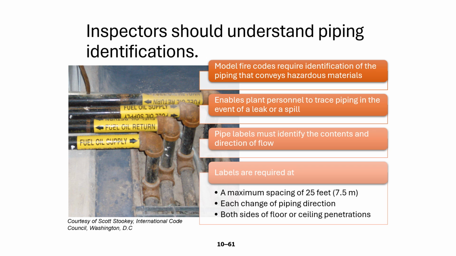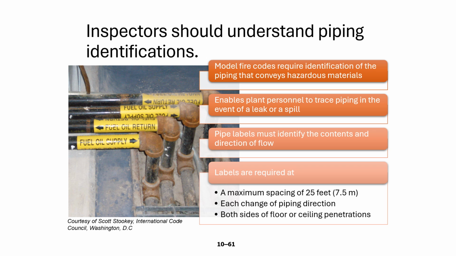Okay, we've got a couple more slides to go, and then we would have wrapped up Objective 6. But we're going to talk about identifying pipe in the hazardous material world. So not only are we identifying packages in areas where hazardous materials are stored, model fire codes require identification of the piping that conveys hazardous material.